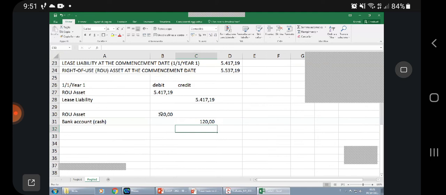Or, if you prefer, you can make just a single accounting entry. In the debit side, 5,537, and in the credit side, the lease liability for 5,417, and the bank account for 120. It's up to you. The final result is the same. In the T account, right of use asset, we have 5,537.